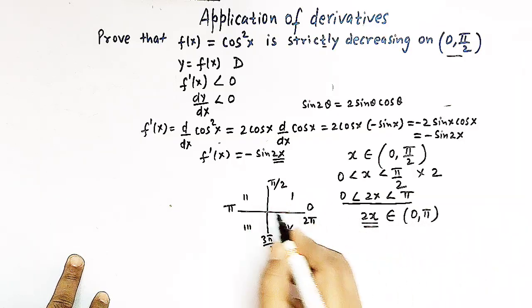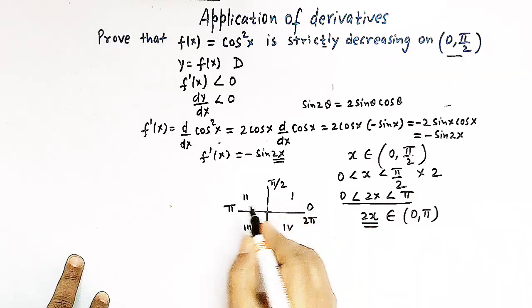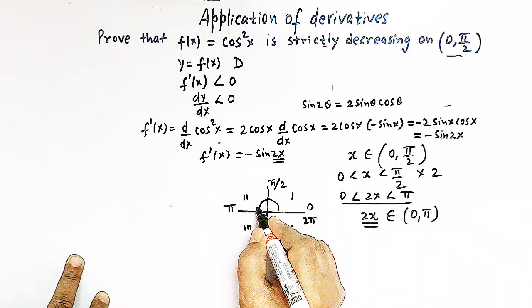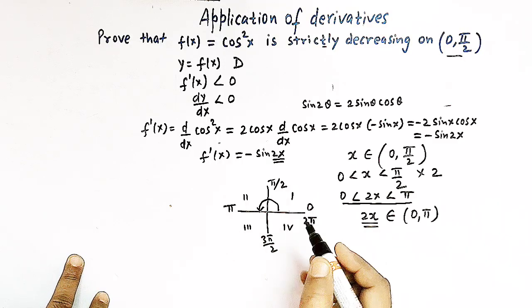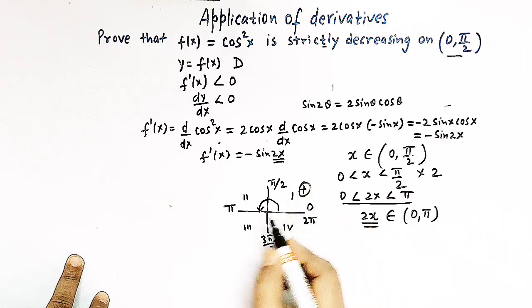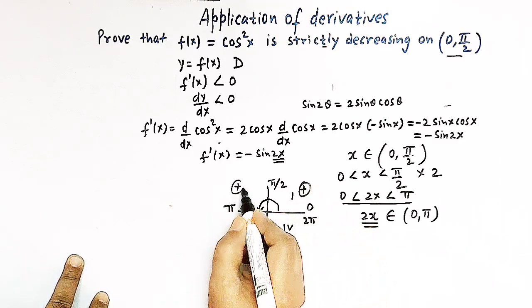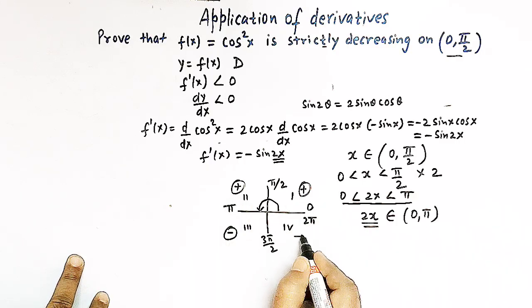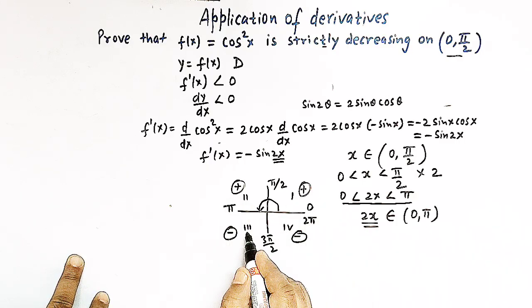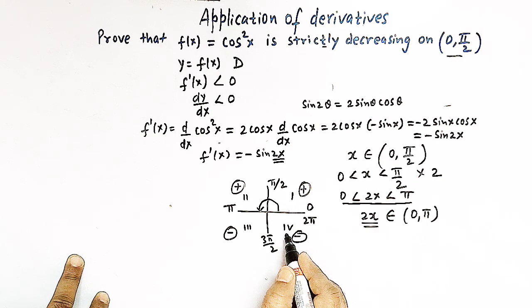So 2x lies either in the first quadrant or in the second quadrant, right? And we know that the sine function is positive in the first quadrant and the second quadrant, and the sine function is negative in the third and fourth quadrant.